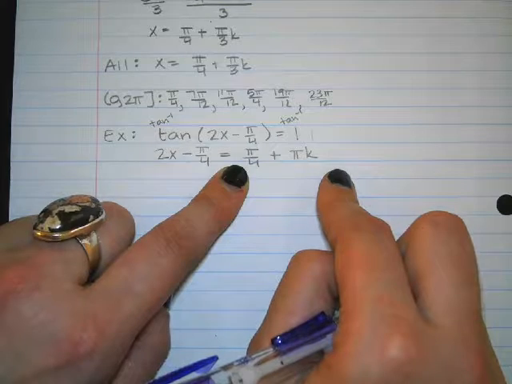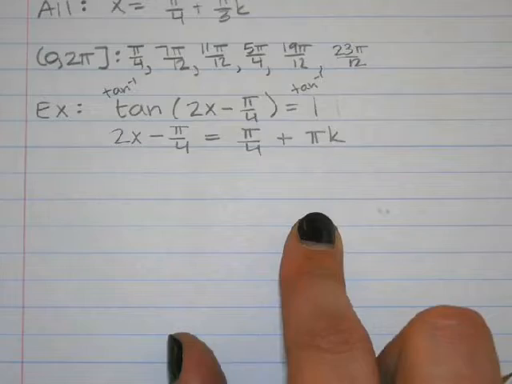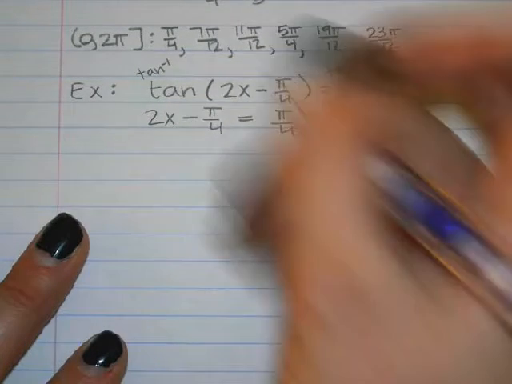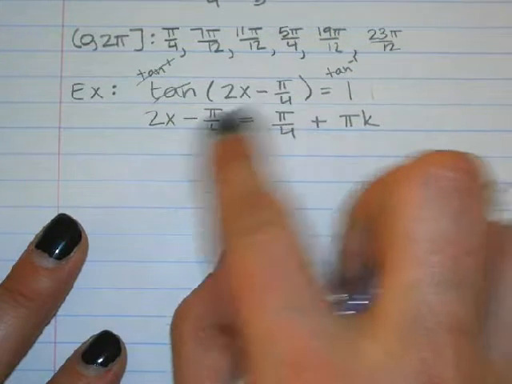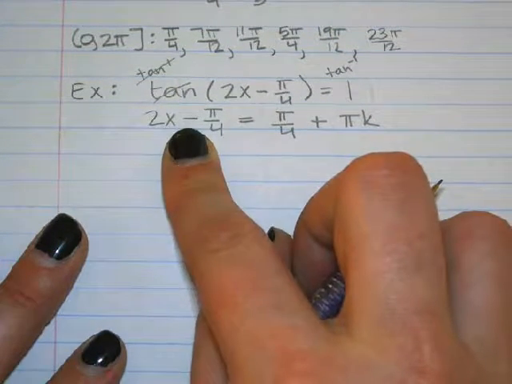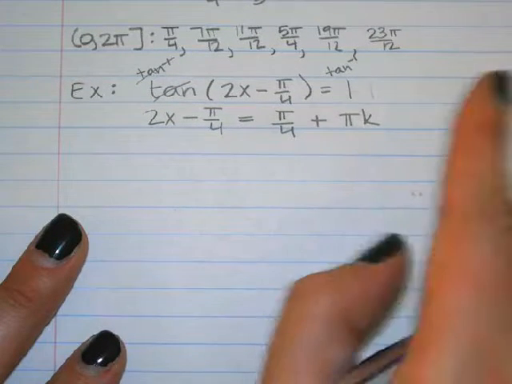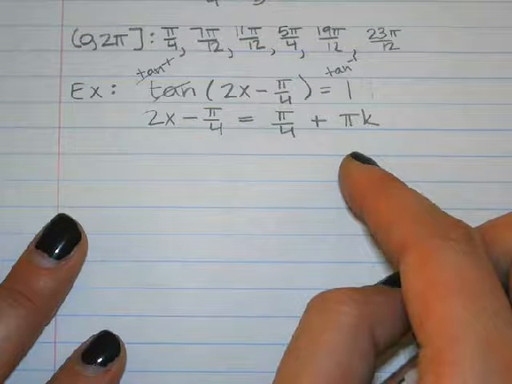You see what I did there? So I said these two canceled. I took this and I copied it down here. And then I said tan inverse of 1 is just pi fourths. And I put the plus pi k, because that's how often it repeats.